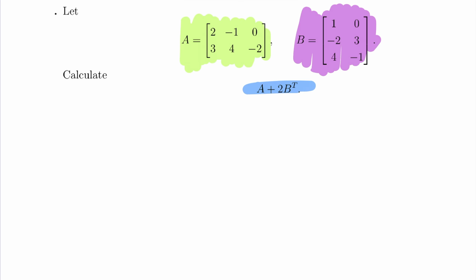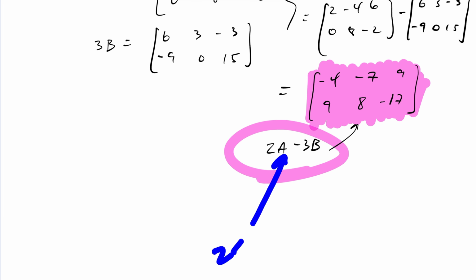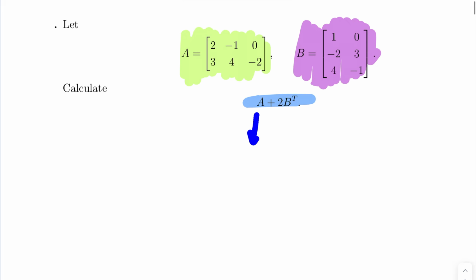So just notice here that in the previous question, if you take a look, this matrix here was a 2 by 3 matrix, and this matrix here is also a 2 by 3 matrix. Whenever you're adding, subtracting matrices, they have to be the same dimension, right? So these are both 2 by 3. In this example here, you'll notice this matrix here is a 2 by 3.